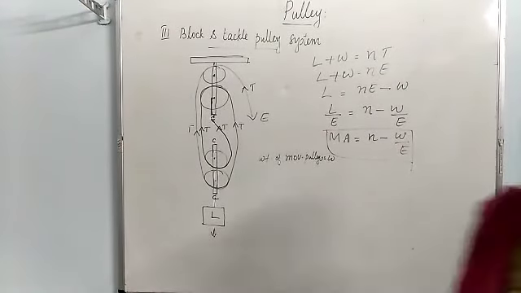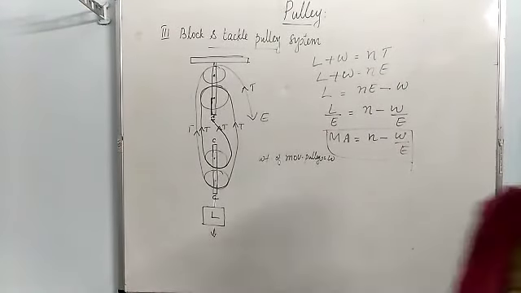So remember, in ideal working condition MA will be n, but in actual working condition MA will be n minus W by E. But what about VR? It is always equal to n, number of pulleys. Okay, it is fixed. Then what will be efficiency in actual working condition? Ideal working condition efficiency will be 100%. Efficiency is equal to MA upon VR.